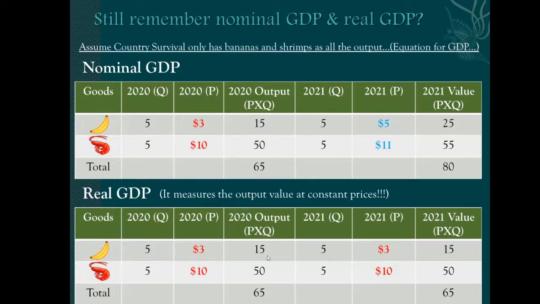For the base year, it's always going to be 100. But once we go past that base year, you will see it's different. For 2021, we have to use 80 over 65, multiplied by 100.